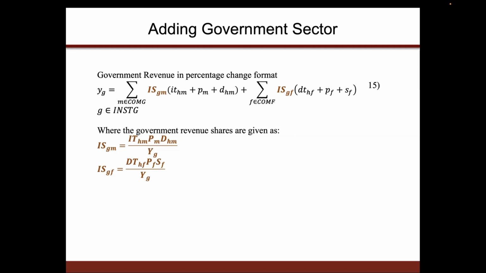And to this we are adding the changes in direct tax revenue, which is the revenue shares of direct taxes times the percentage change in direct tax rates plus percentage change in factor prices plus percentage change in factor employment.